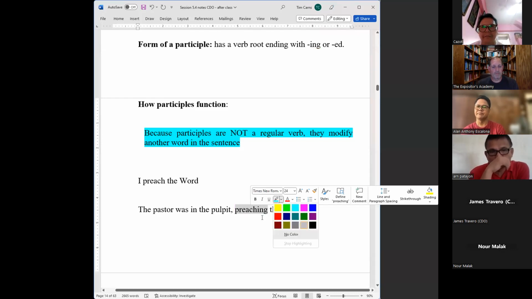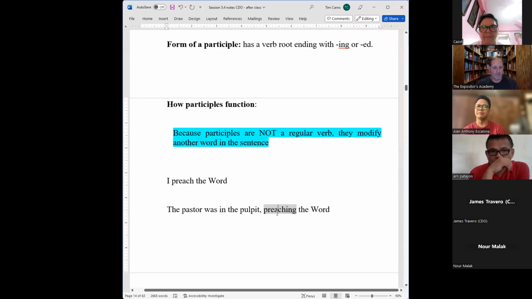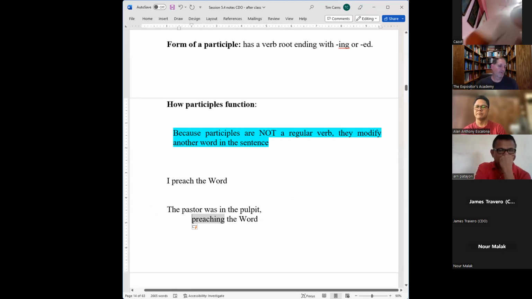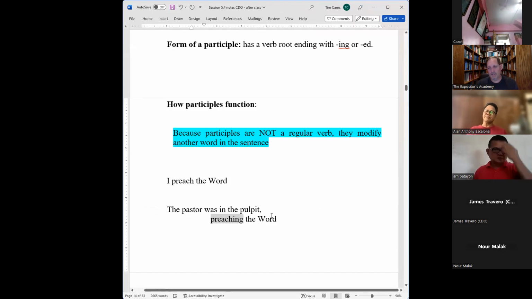It ends in -ing. It's a verb plus -ing. And in this case, it is a participle. It's modifying, what would be in this case, was. All right. It's indicating the action that he was doing.